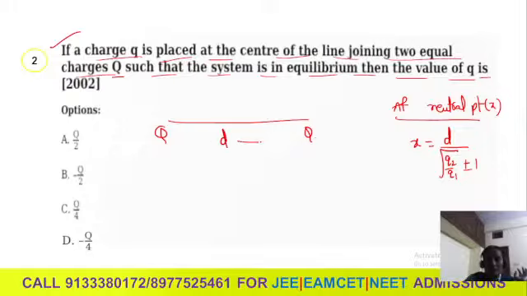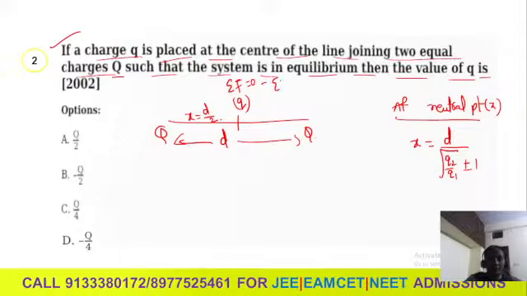For example, these two are at a distance d. So exactly at half of the distance, if you place the third charge, it can be in equilibrium. Equilibrium means at this point, the sum of the forces will be 0.